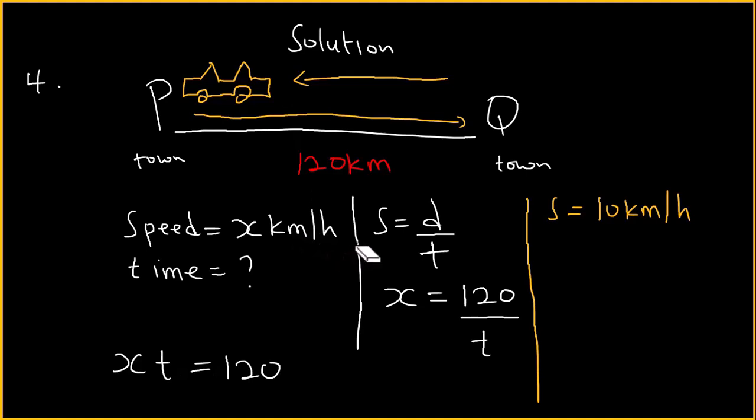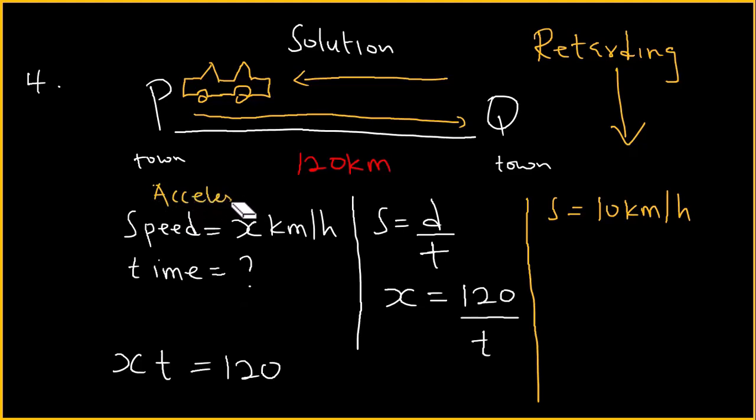And since he's retarding, that's retardation. So moving forward was acceleration. So since he's retarding with this speed, and then also accelerating with this speed.